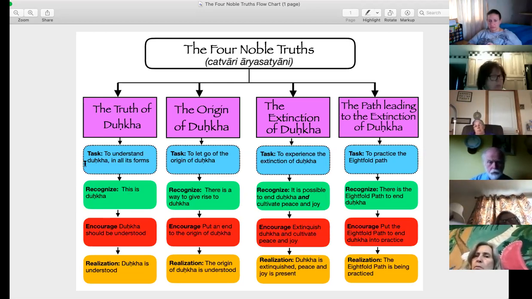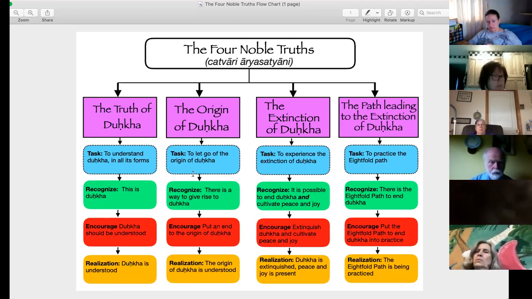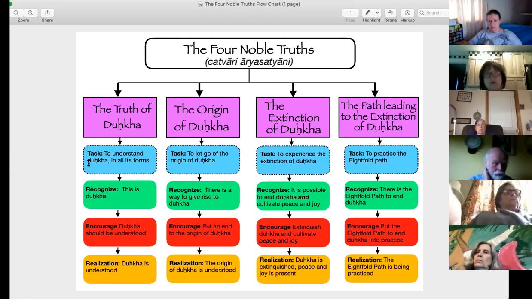Here we have four turnings. The first one, all in blue, is labeled the task, and it's in dotted line around. That's because this isn't really something the Buddha taught. This I borrowed from a Buddhist teacher.